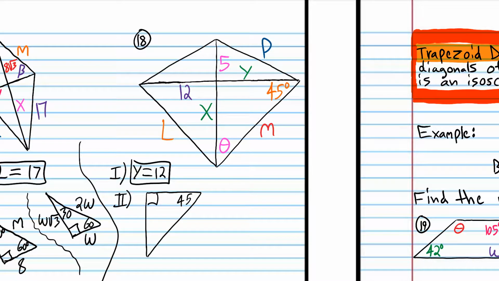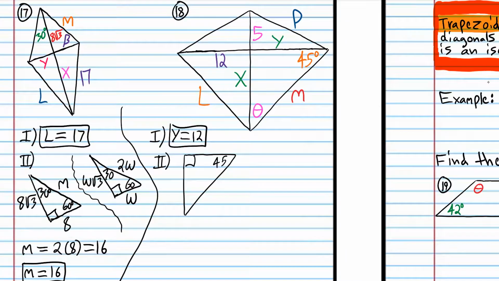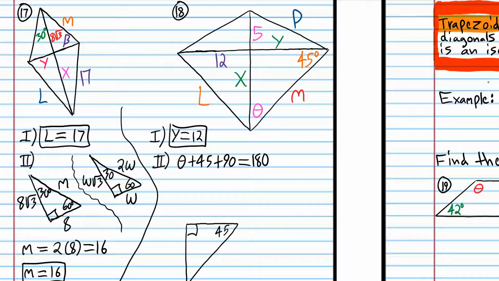In fact, we should probably do that first. So theta plus 45 plus 90 is equal to 180. And theta plus 135 is 180. Therefore, theta is 45 degrees.